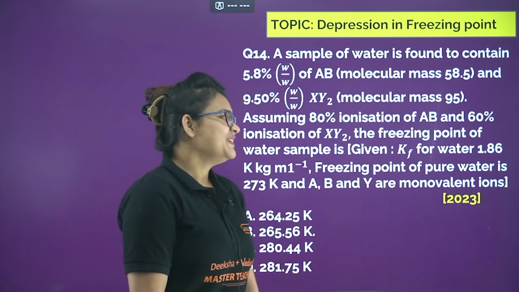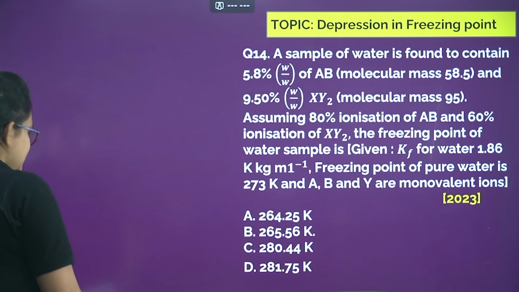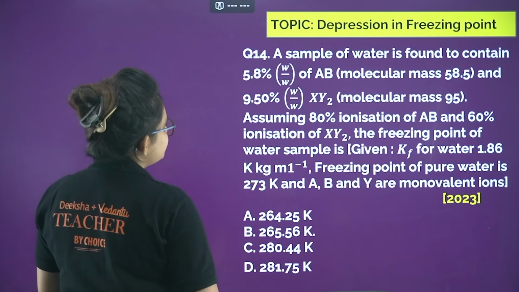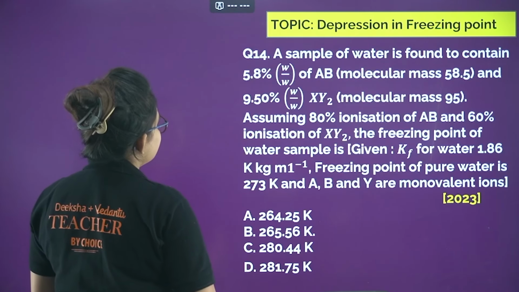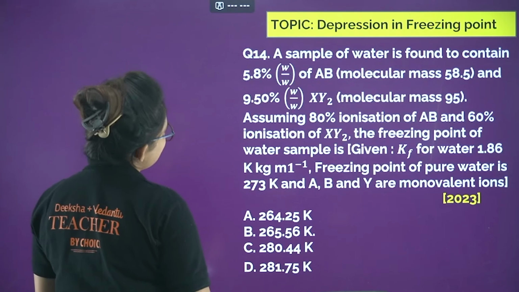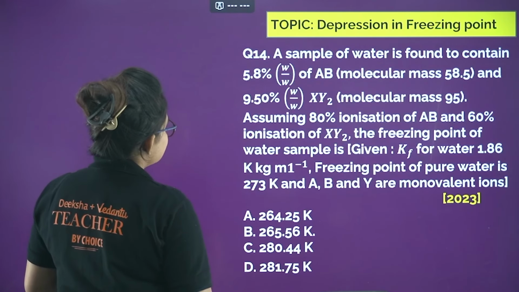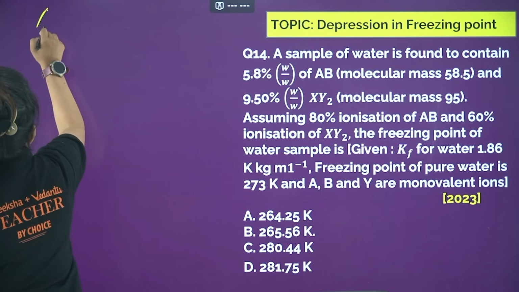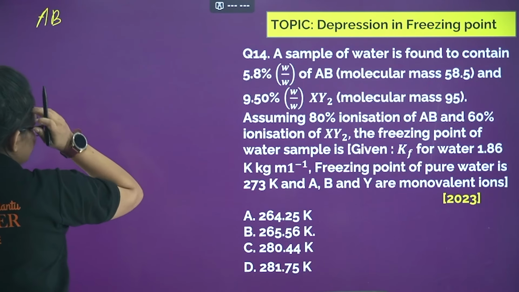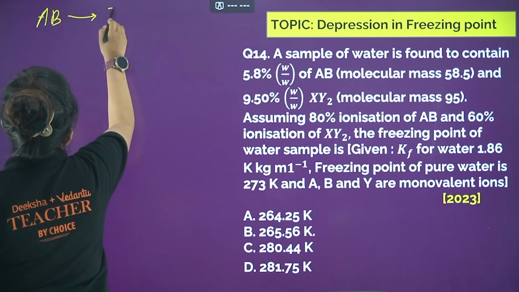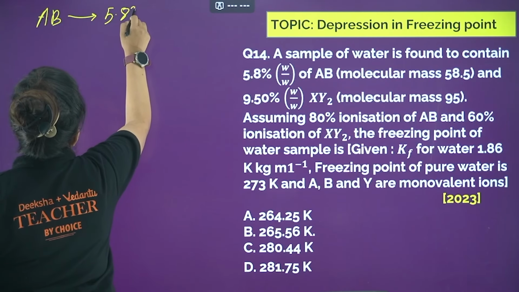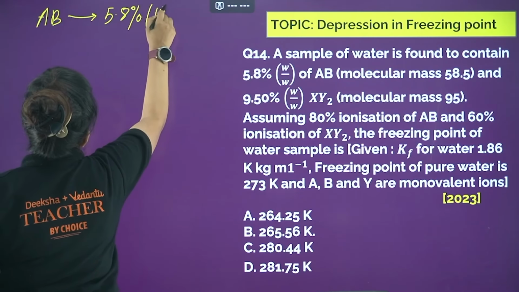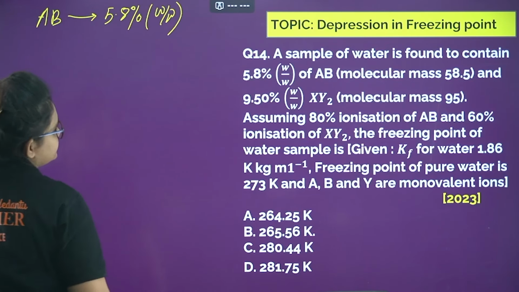Let's see. Okay, so you can see a sample of water is found to contain 5.8% weight by weight of AB. So whatever information I'm having, let me write down one by one. AB is a compound I'm having, and it is present in 5.8% weight by weight.